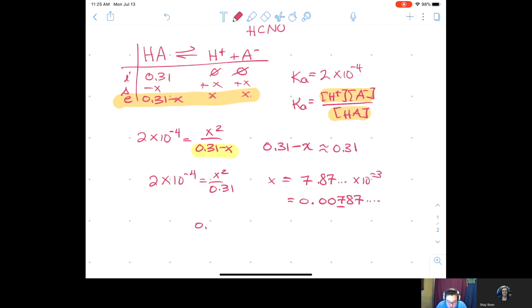And I went on the assumption that 0.31 minus this value, or something very close, was approximately equal to 0.31. And that's not quite right. Since this is in the third decimal place, it starts affecting that third decimal place, which affects the rounding at the 0.31. So this is not a great approximation.